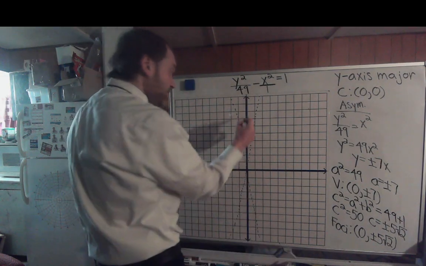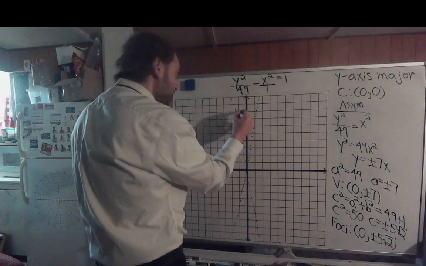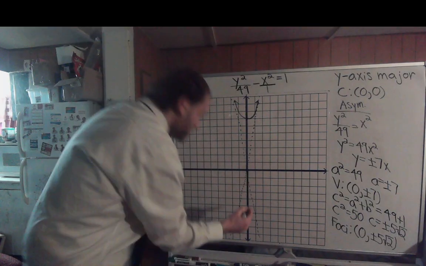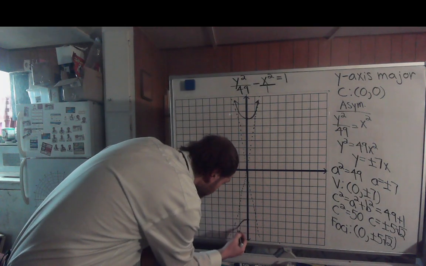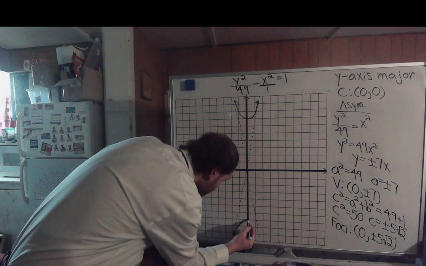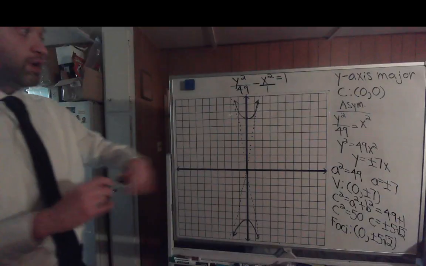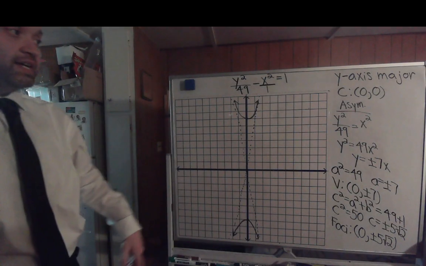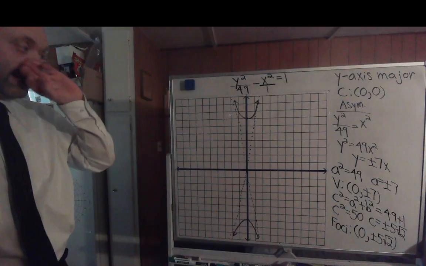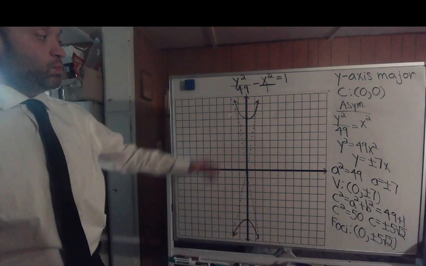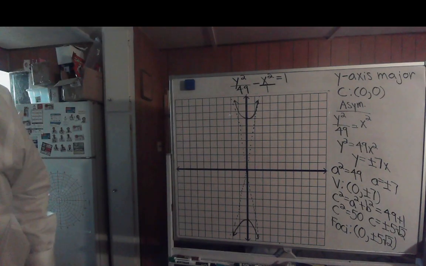Now that we have everything, we can draw the shape of these hyperbolas. So, with the asymptotes, you see the form it roughly takes. So your hyperbola would look roughly like this, with those slant asymptotes of plus and minus 7x, with the center at 0, 0, and the y-axis being the major axis.